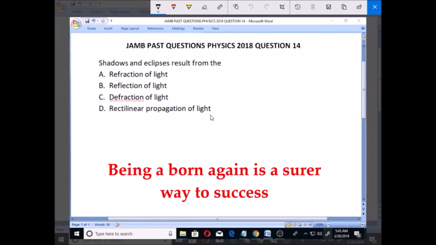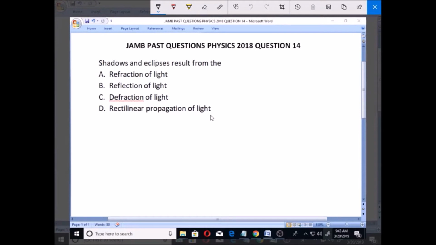So which of the following causes the shadows and eclipses? What causes the shadows and eclipses?